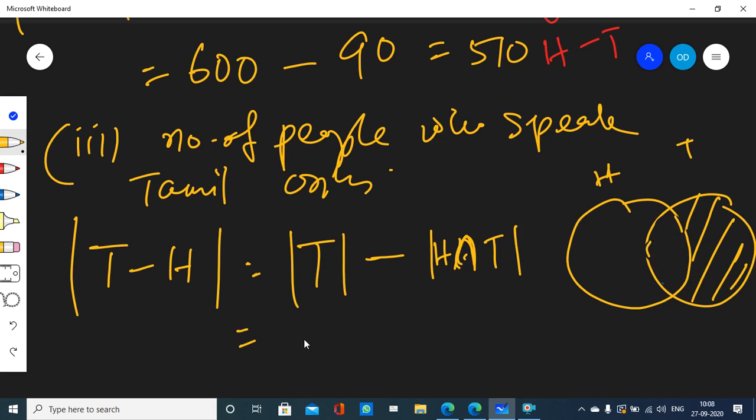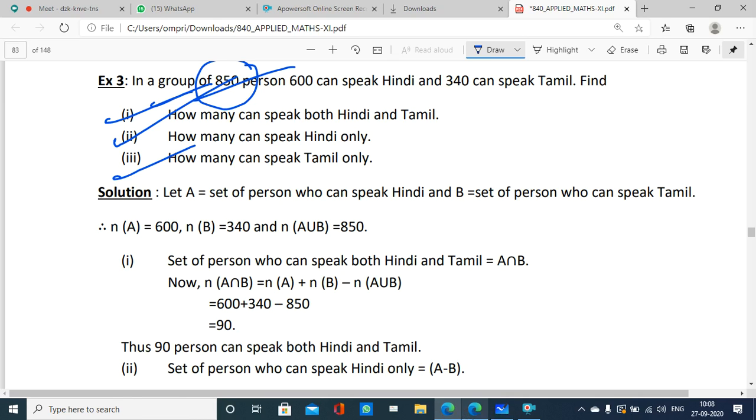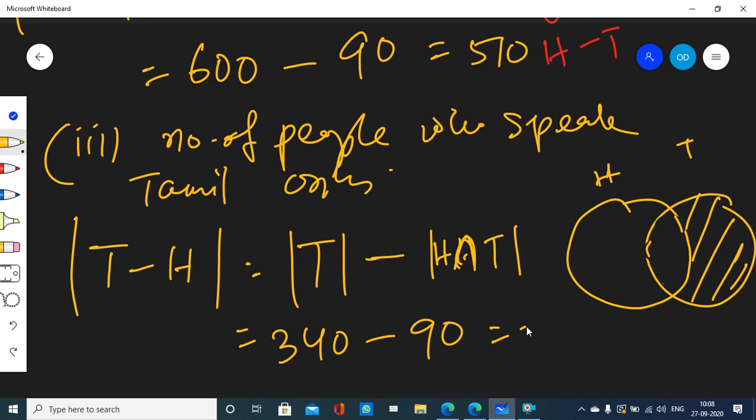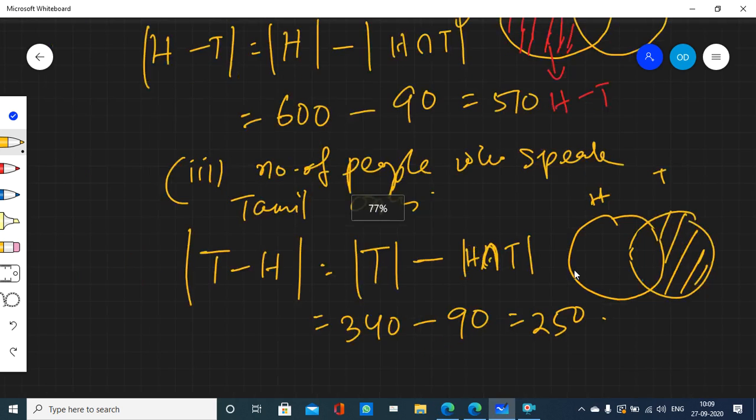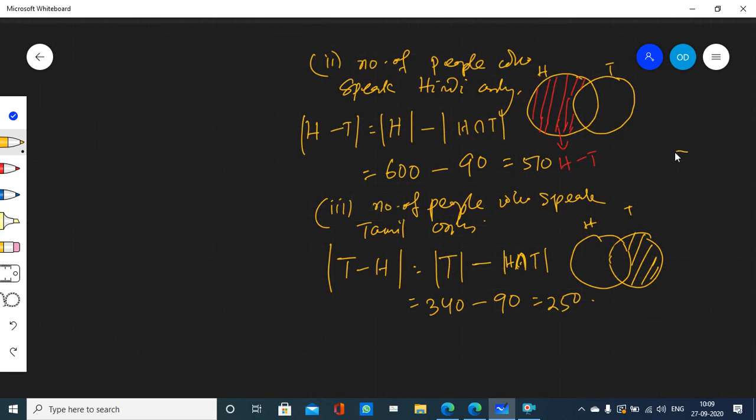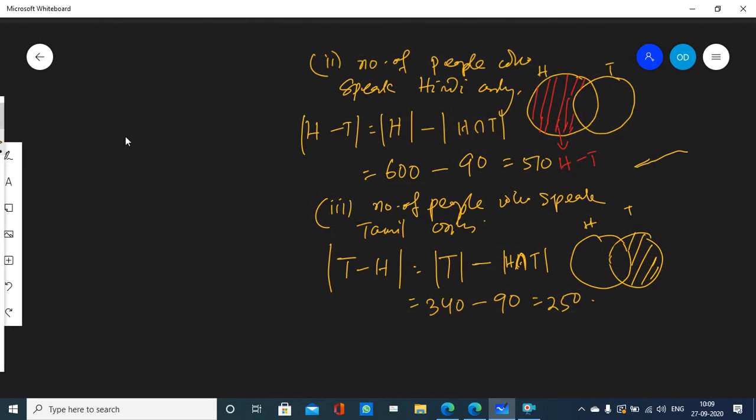What is the cardinality of T? 340. Minus this, which is 90. The answer is 250. Okay, done.